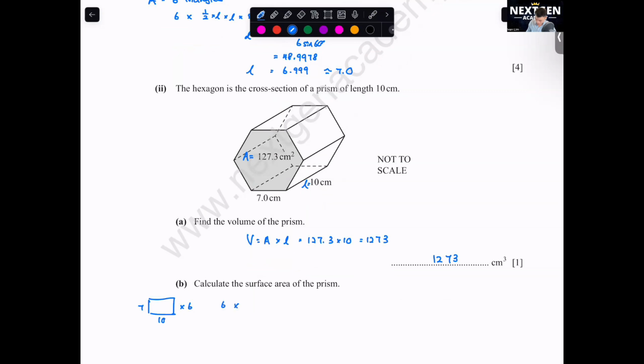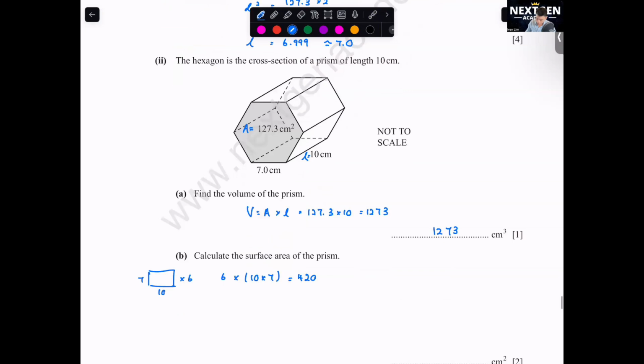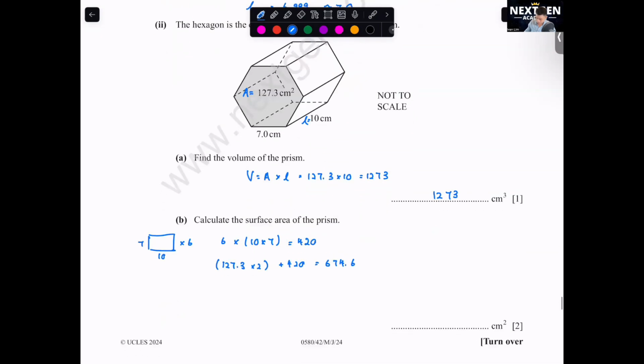So 6 times 10 times 7, you'll get 420. Then you got the front and the back. 127.3 times 2 plus 420, which will get 674.6 cm squared.